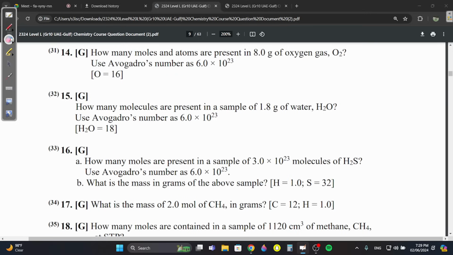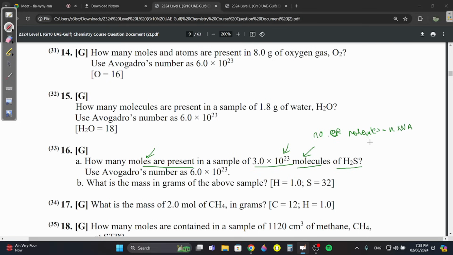Question 16. How many moles are present in a sample of 3.0 times 10 to the power of 23 molecules of H2S? Sometimes they might ask for the moles and give you molecules. Remember the rule: the number of molecules is n times Na.